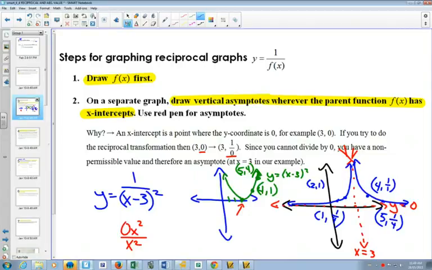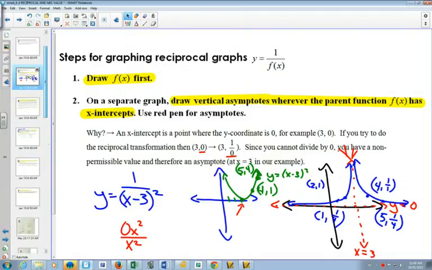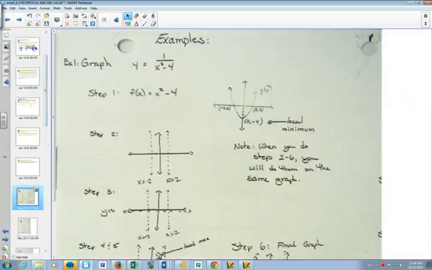So these are the steps that we're going to use for any graph. So now if we go to our examples, here's our first one. We have 1 over x squared minus 4. Now, I have set this up so that in your notes it shows each step one at a time. In reality, for each of these questions, what you would probably do is draw 2 graphs.